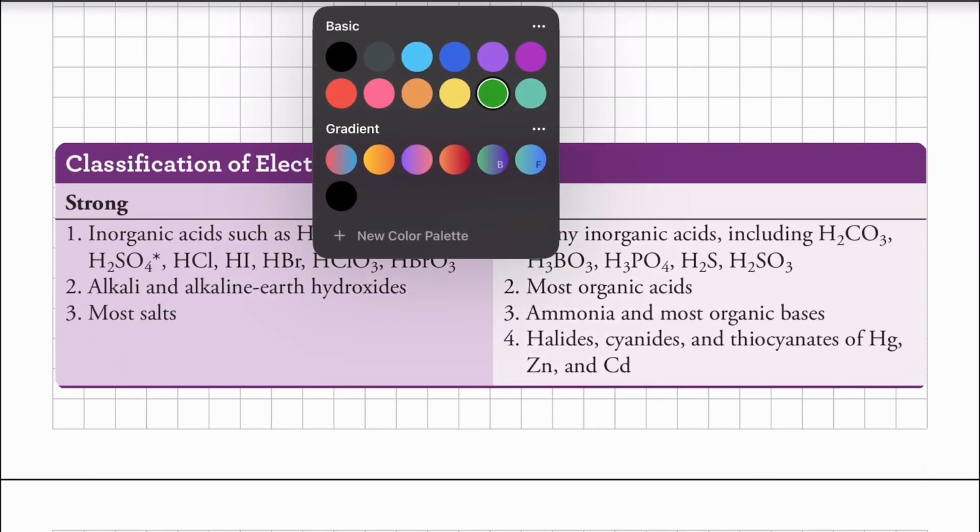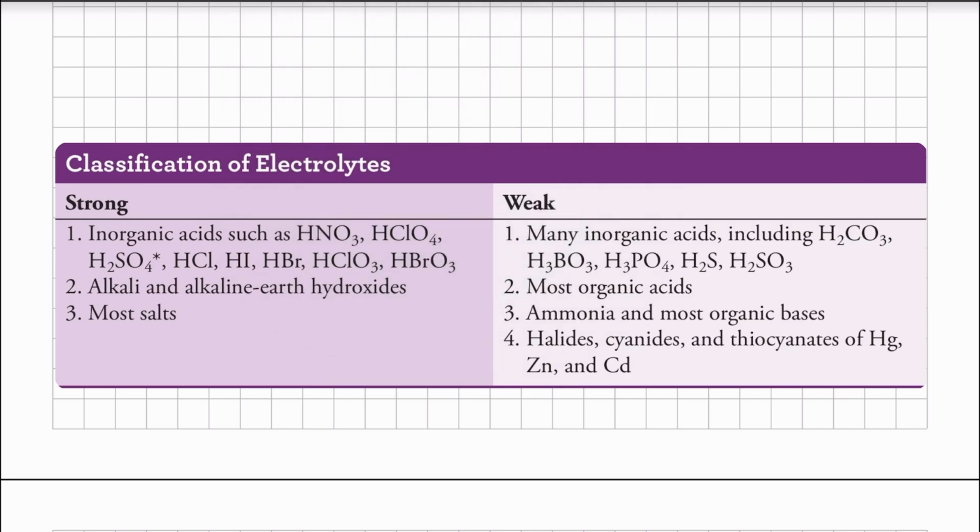Okay, look here. We can see that each group has some more subcategories. For example, the strong electrolytes are divided into 3 groups: inorganic acids such as nitric acid, sulfuric acid, hydrochloric acid, hydrobromic acid, and some more famous acids. The second group is alkali and alkaline earth hydroxides.